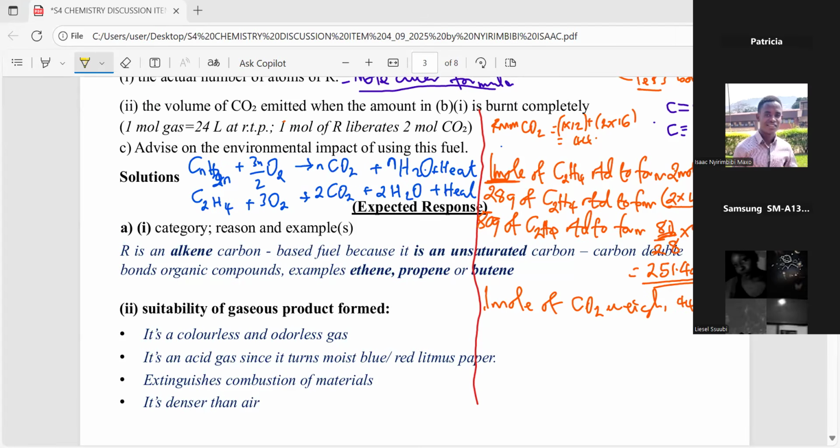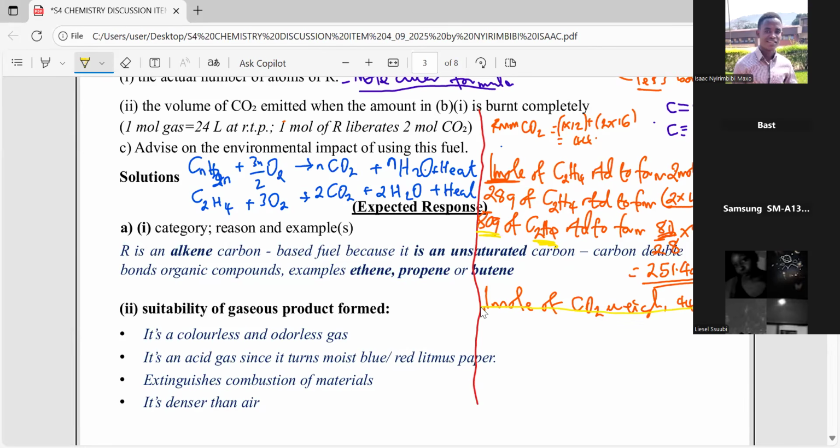Now, Subi. Yes. We have already gotten here the mass of carbon dioxide produced when 80 grams of this compound is reacted. So why do we still need this statement? You recall now what you're looking for is converting our mass into what?